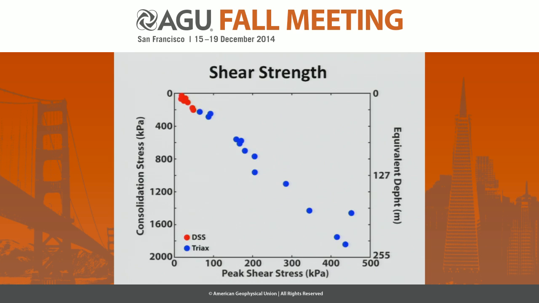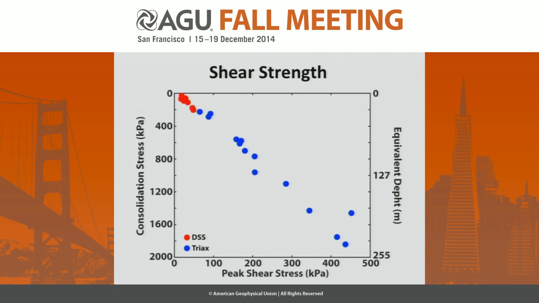Here's our shear strength. The next 4 slides, the red dots will be the direct simple shear experiments. The blue dots will be our triaxial strength experiments, and they're all plotted as a function of consolidation stress from 0, or sitting at the seafloor, down to 2,000 kilopascals.